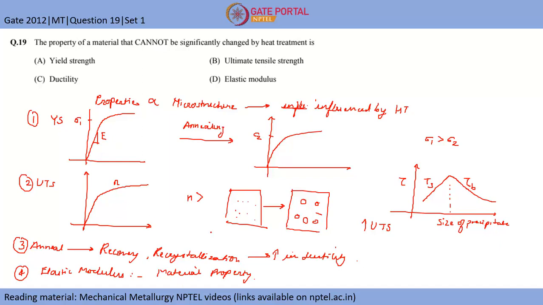Hence, this is the only property among the given options which cannot change, which is a material property. The bond strength is dependent on the stiffness of the bond, which is dependent basically on the crystal structure. Hence, option D is the correct answer.